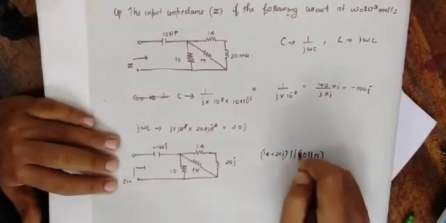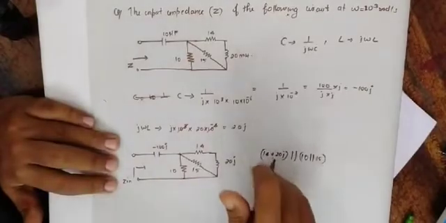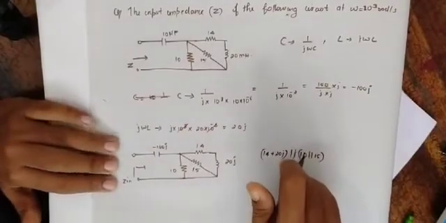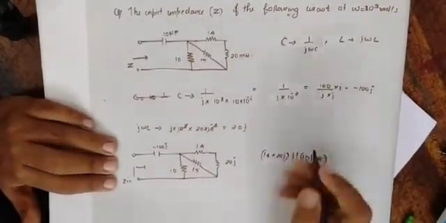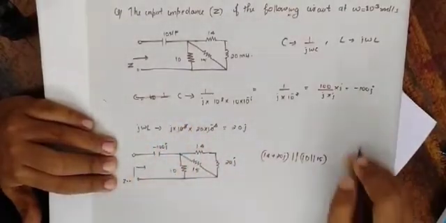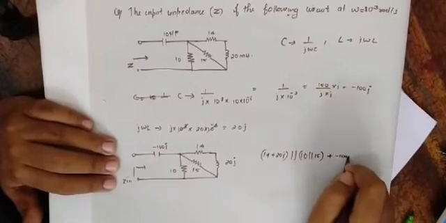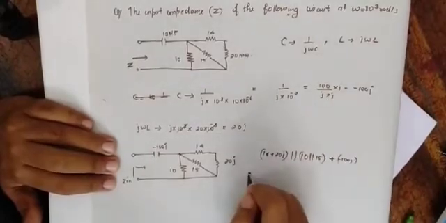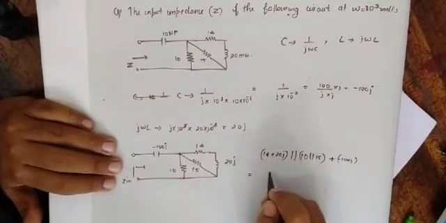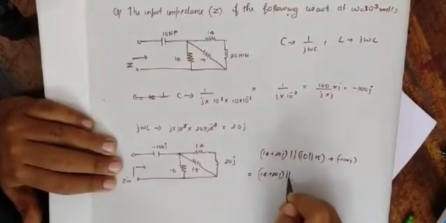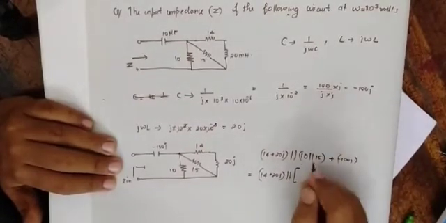So 14 plus 20j is parallel with 10 parallel 15, and that is in series with 100j. So plus minus 100j. Okay, so I'll write 14 plus 20j parallel with 10 parallel 15.